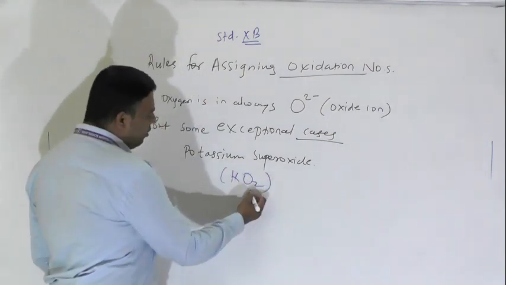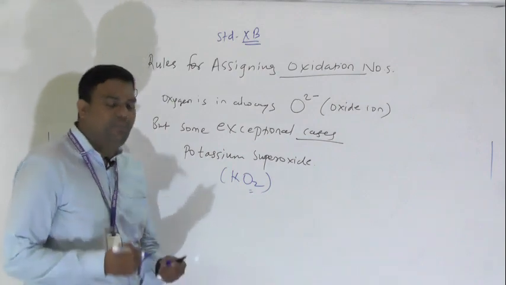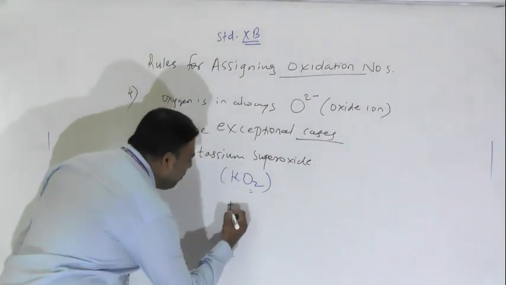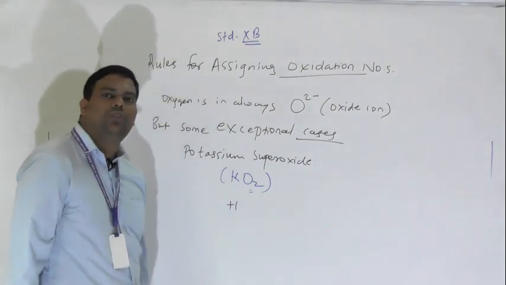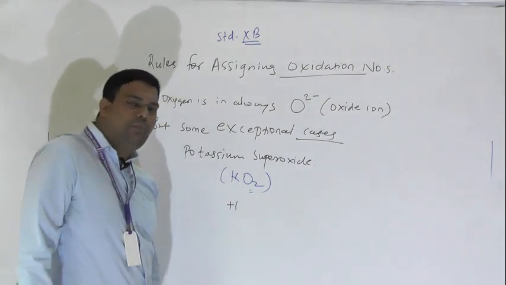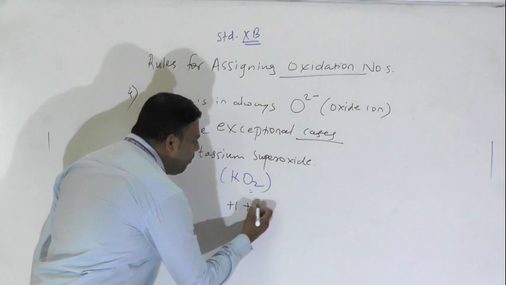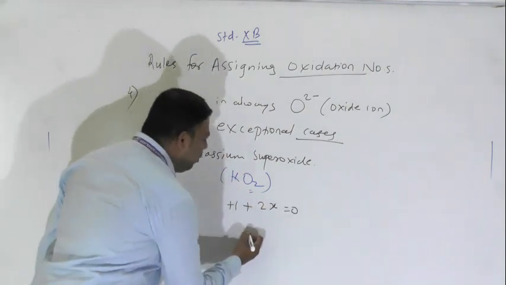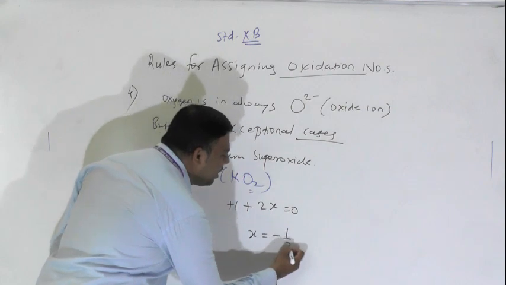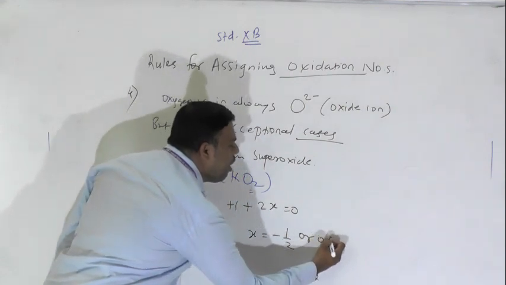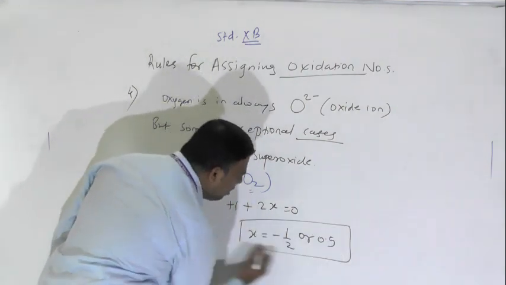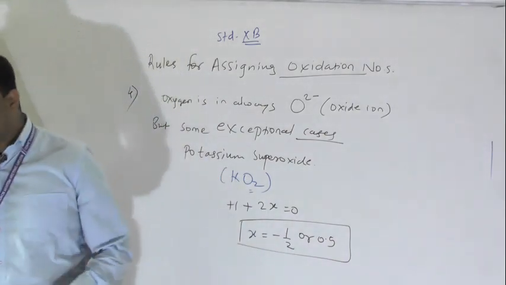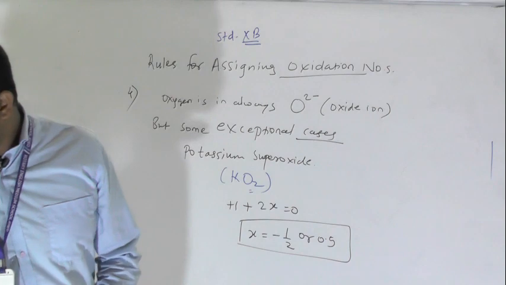We have to calculate the oxidation number of oxygen. As you know, potassium's charge is always +1. So +1 plus 2x is equal to 0, so x is -1/2, or -0.5. Understood? That is the calculation part.